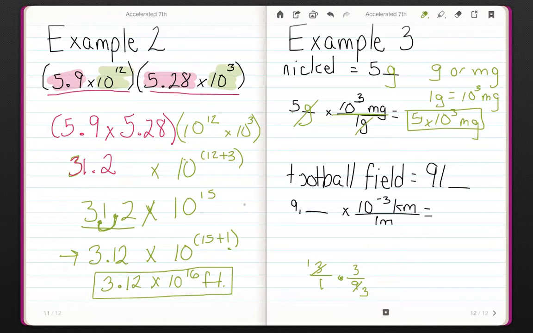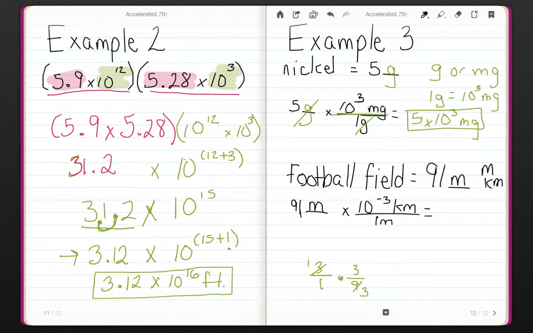Okay, the second one asks about the length of a football field. So the length of a football field is 91 meters or 91 kilometers. Well, a football field is 91 meters long. This time I want to convert from meters to kilometers. Well, 1 meter is 10 to the negative 3rd kilometers.